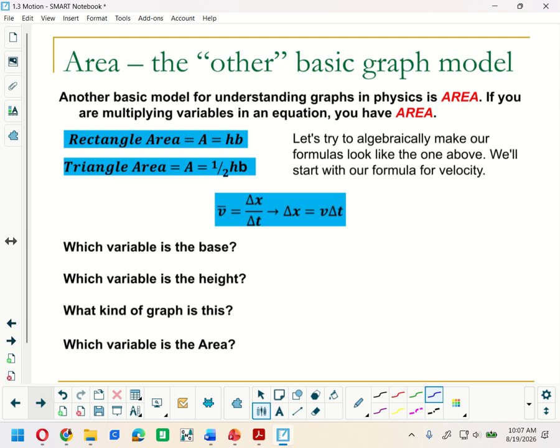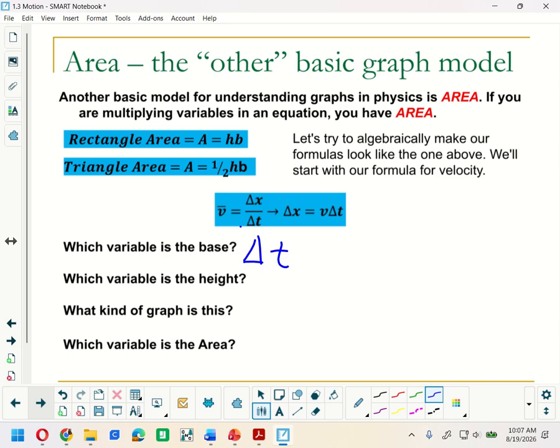Now, in my formula right here, my velocity is change in x, right? My change in position over change in time. So the base, which is left and right in these graphs, is time. So delta t is my base. Height is up and down.